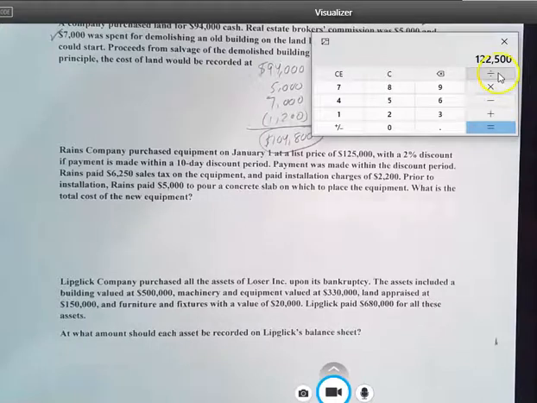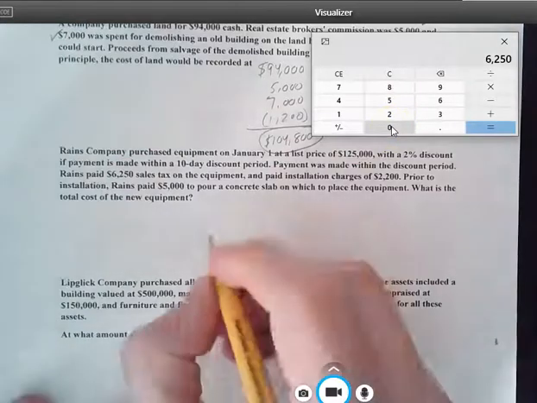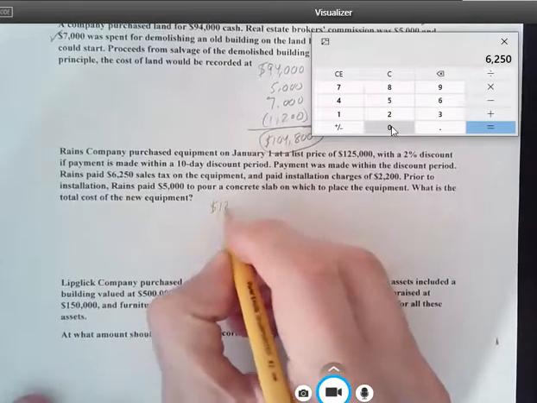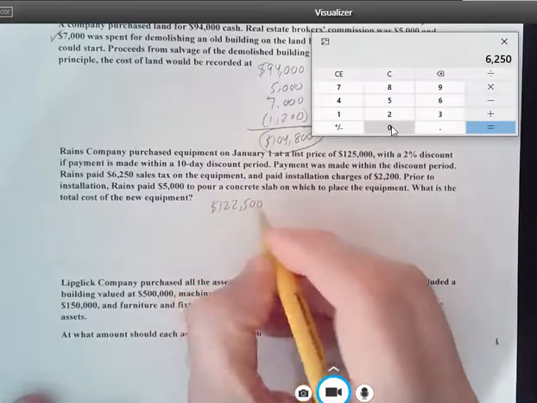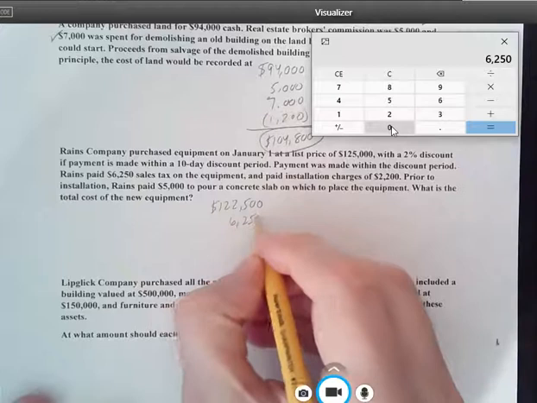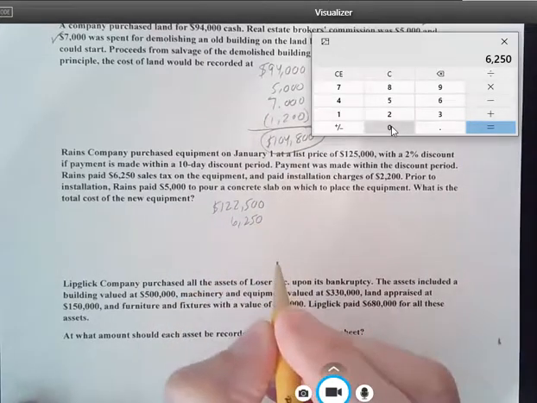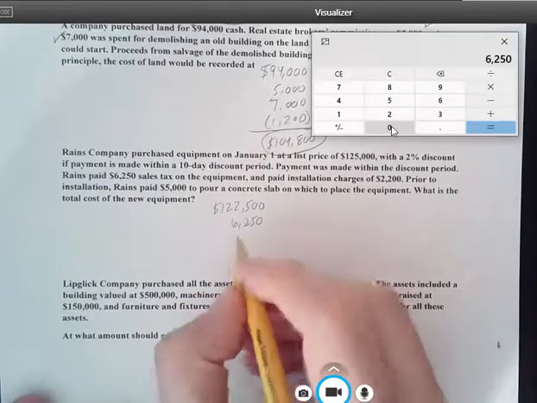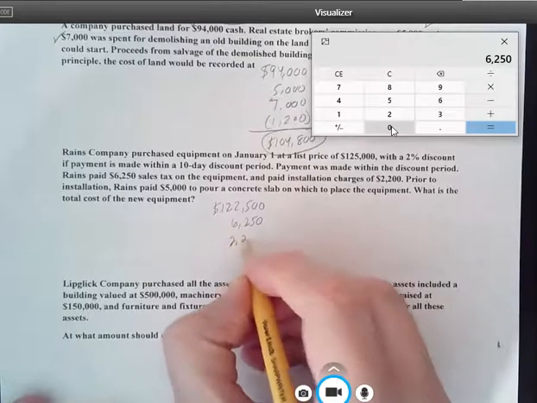So our discount was $2,500, the difference between $125,000 and $122,500. Okay, we're going to add to that the sales tax. Let me go ahead and write this stuff down. We had $122,500, and then we had sales tax of $6,250. Let's see, installation charges are $2,200.